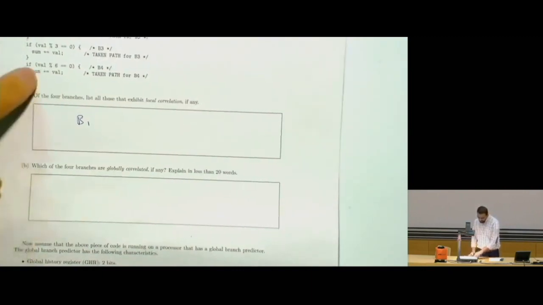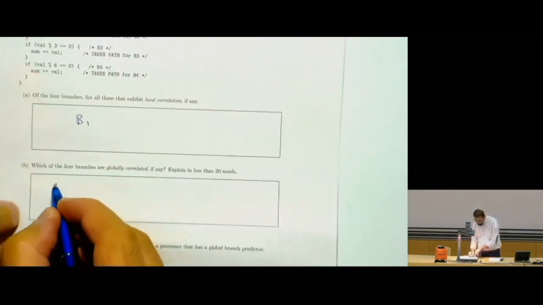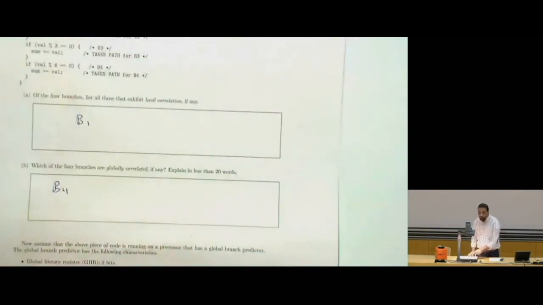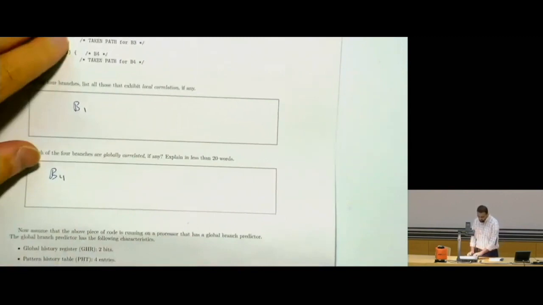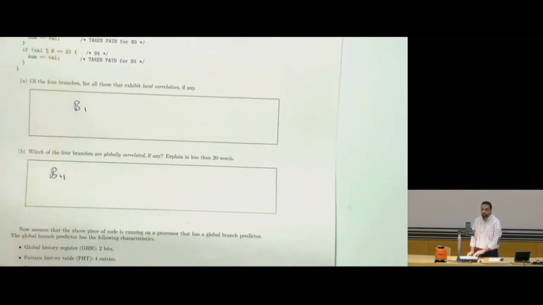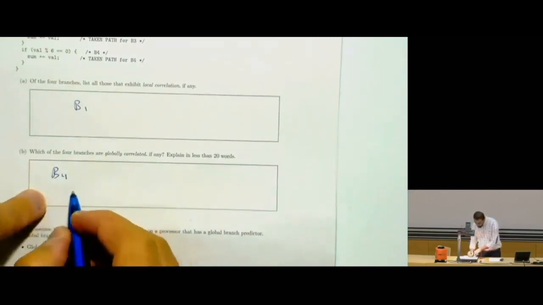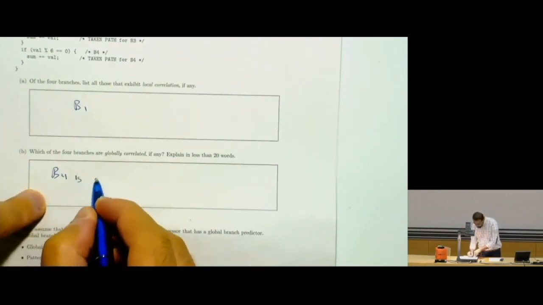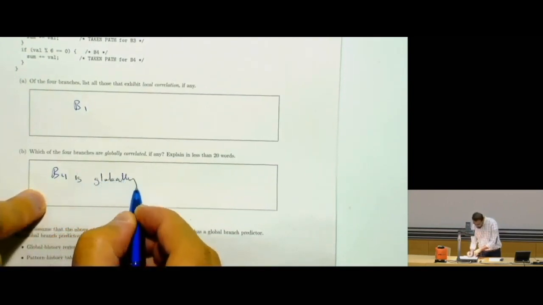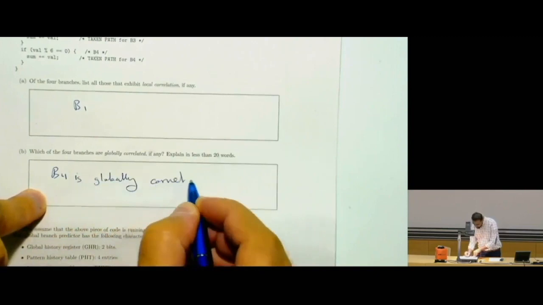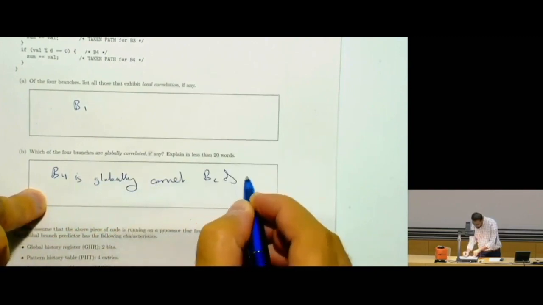So obviously, if B4 is taken at the current iteration, then for sure B2 and B3 should be taken. Any number that's a multiple of 6 is for sure a multiple of 2 and 3. So B4 is globally correlated with B2 and B3.